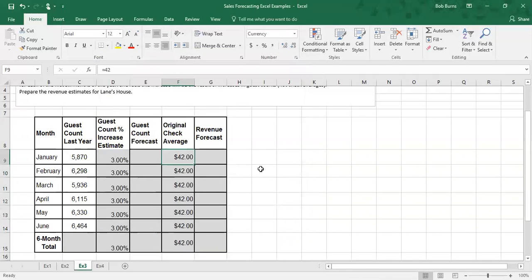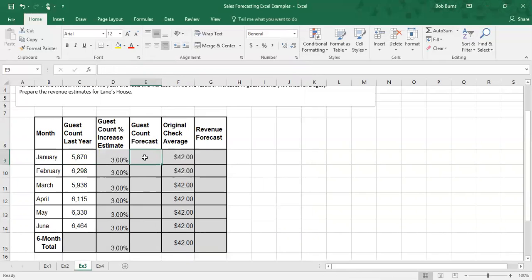So it looks better. What we're going to do here is use the guest count last year, and we're going to use the 3% increase to determine what the guest count forecast is. There are 2 ways you can do this. You could figure out what 3% of January's guest count was last year and then add it on.